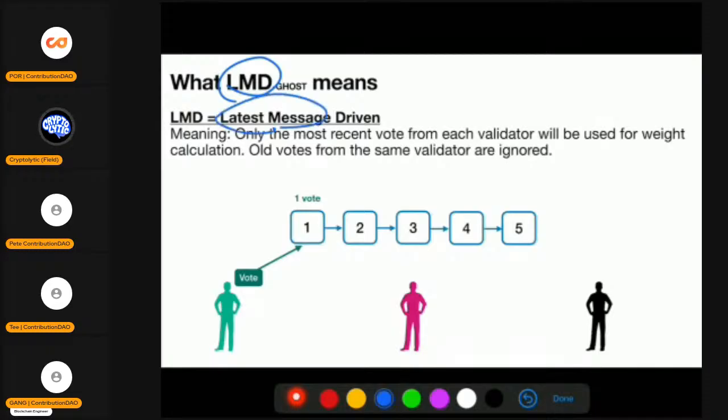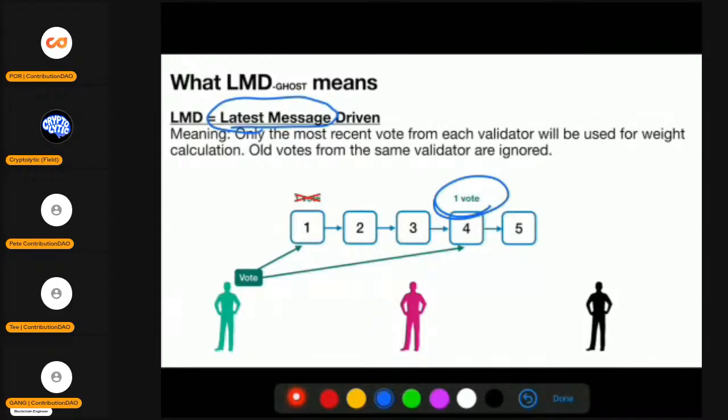So if this green guy makes a vote for block 1 and then block 4, when we use LMD, we can discard the first vote because we only consider the latest message. So the latest vote is the vote for block 4.